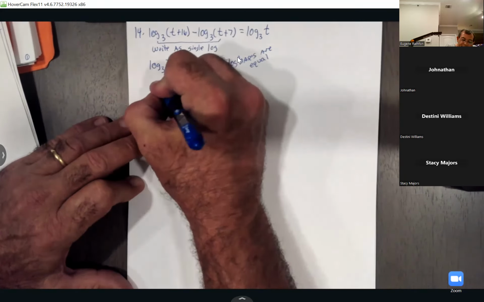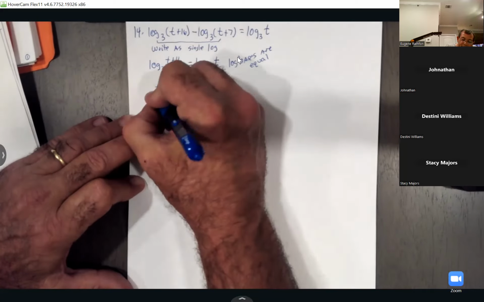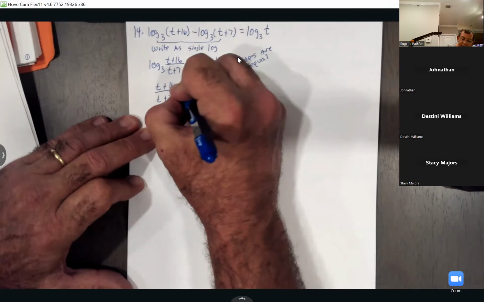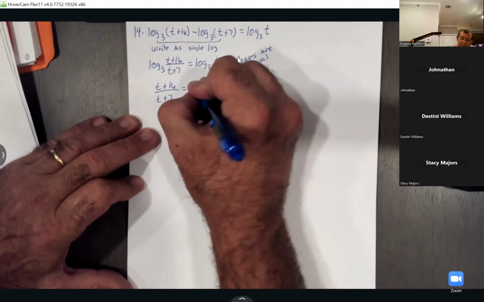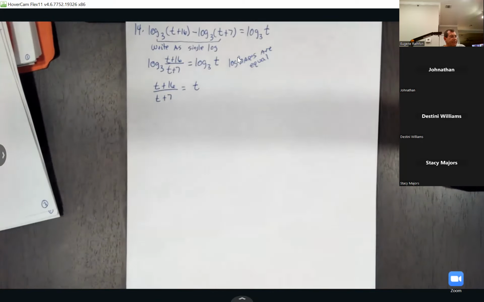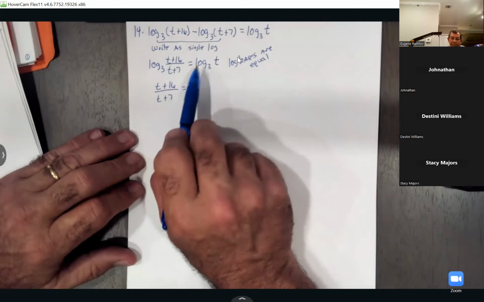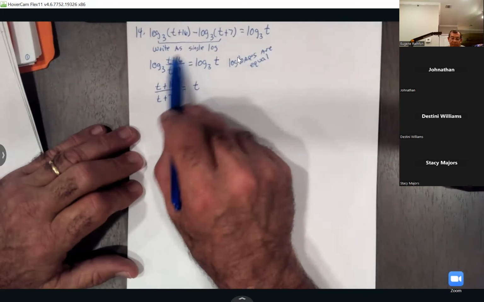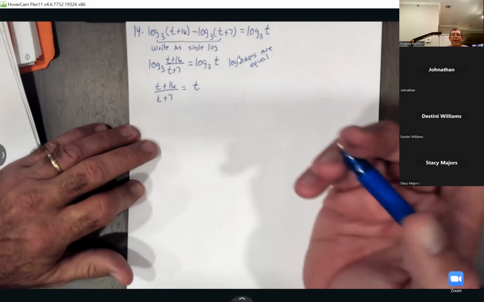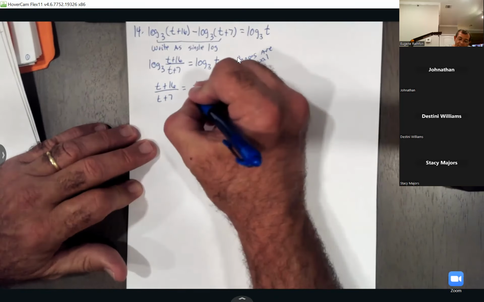So t plus 16 over t plus 7 will equal that t. Okay, so just remember, if you can get them to be equal like these log 3s, then the results are equal. Now, y'all, I'm going to show you how I would solve this.